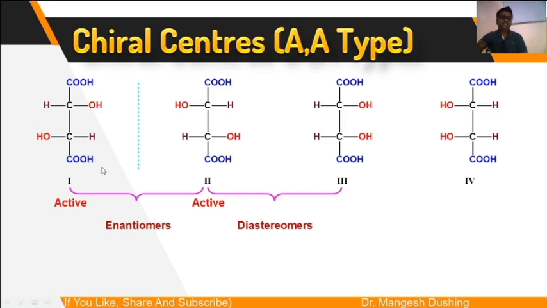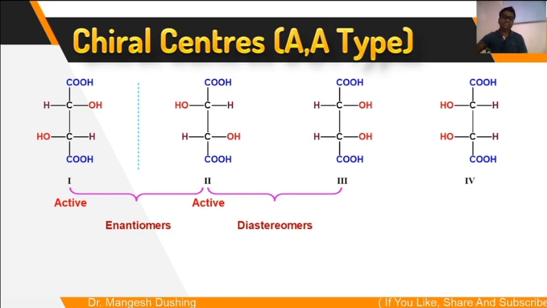Now we can compare compound number 1 and compound number 3 also. These two compounds are also not mirror images of each other. So compound number 1 and compound number 3 are also diastereomers of each other. Similarly, if you compare compound number 2 and compound number 4, those are also not mirror images of each other, so these are also diastereomers.